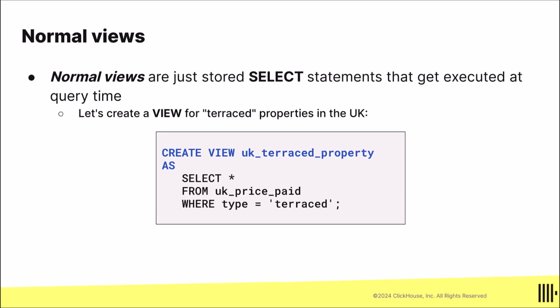And here in the example in the slide, I called it UK terraced property. And then what happens is that UK terraced property almost acts like a table. And when you query it, you'd only get back properties that match the result of this where type is terraced.